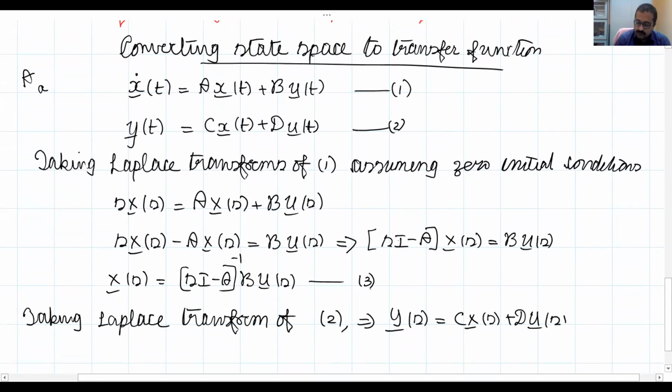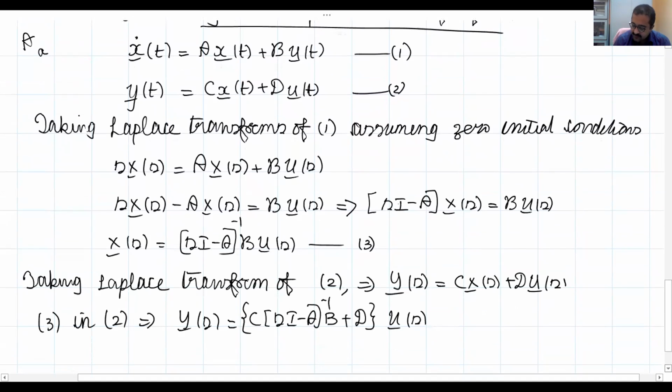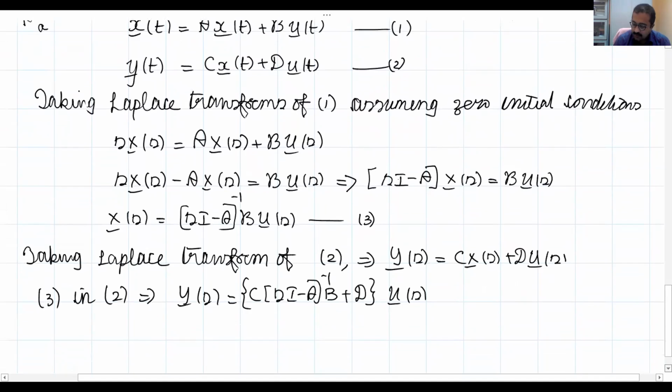So instead of X(s), you substitute 3. What would you get? Y(s) is equal to C into (sI minus A) inverse B U(s) plus D U(s). So I can take U common, so it becomes [C (sI minus A) inverse B plus D] U(s).